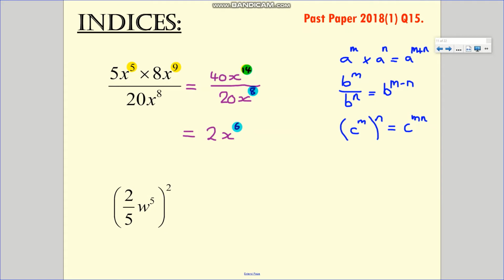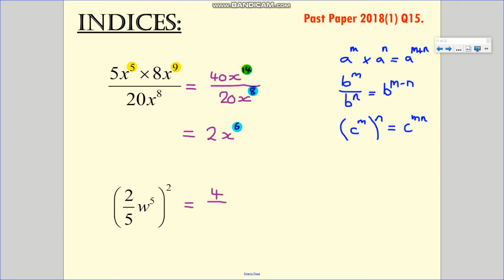Okay, one more quick calculation here. This is the third rule that I've listed in our index rules here. Okay, I'm squaring everything in the bracket. So the front number, 2/5, just acts like it would normally act if I was squaring it. Okay, I'm going to square the number 2, which is 4.